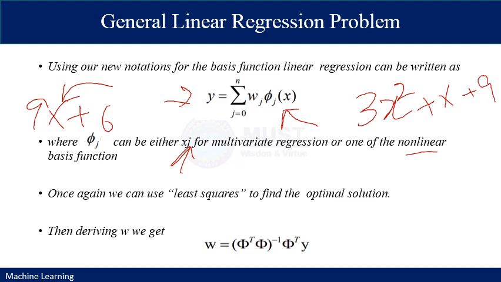Once again, we can use least squares to find the optimal solution, and we can derive the optimal weights from the same principle of the normal equation.